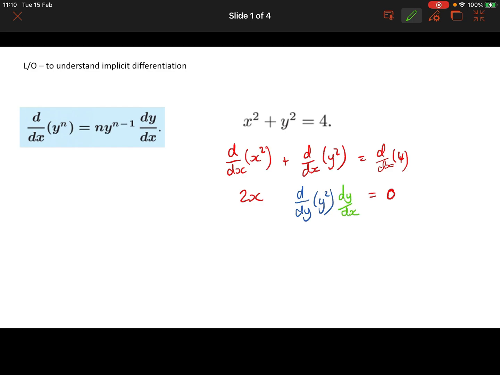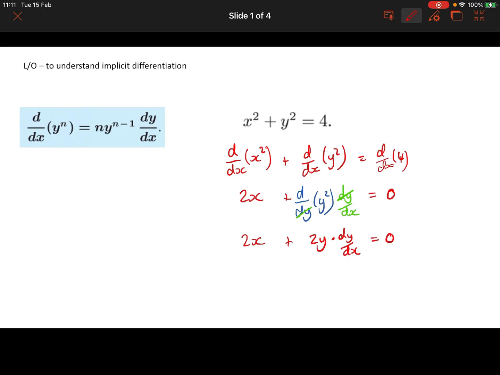The effect is that you're doing what you wanted. You're differentiating it with respect to x, but you're doing things you can actually do. So you end up with 2x plus, should have a plus there, 2y dy dx. So I've differentiated with respect to y and then multiplied by dy dx.